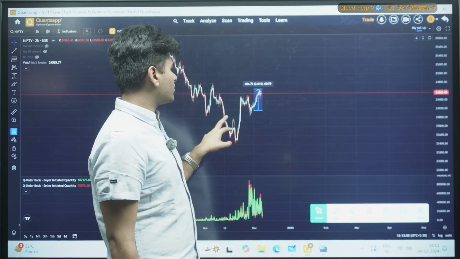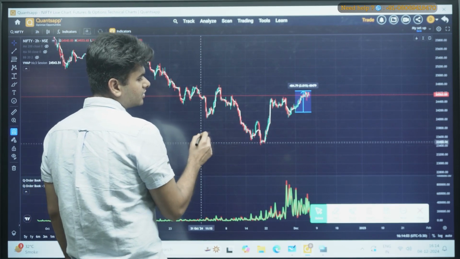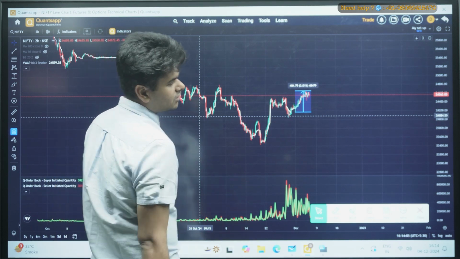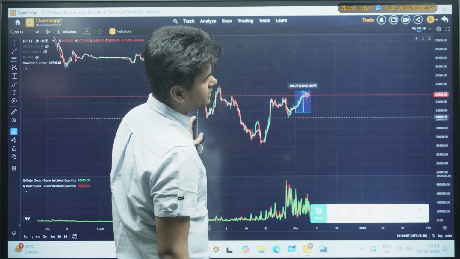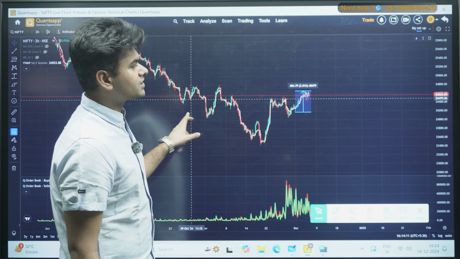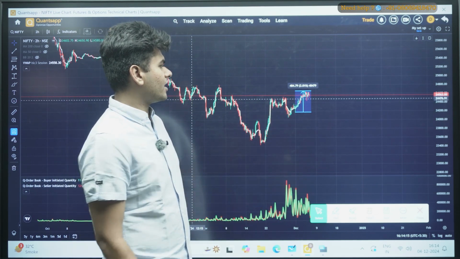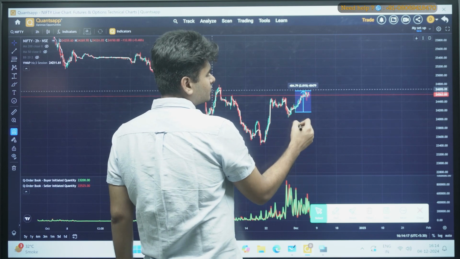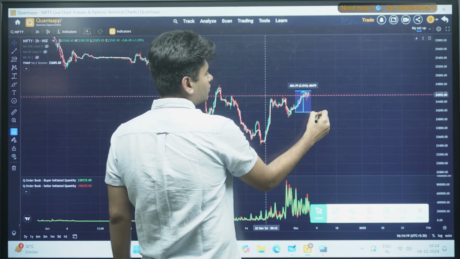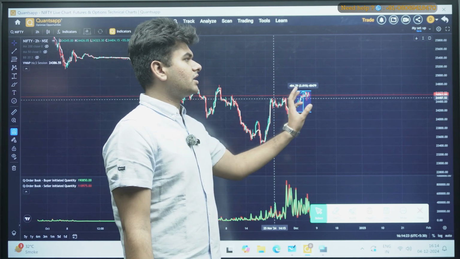When we talk about support levels, it is 24,000, I believe. Yes, the 24,000 level is still acting as a crucial support. If it sustains above 24,500, then the new support will be identified at the 24,500 level. The one which was acting as a resistance will act as a support, and from there we'll see momentum on the upper side.